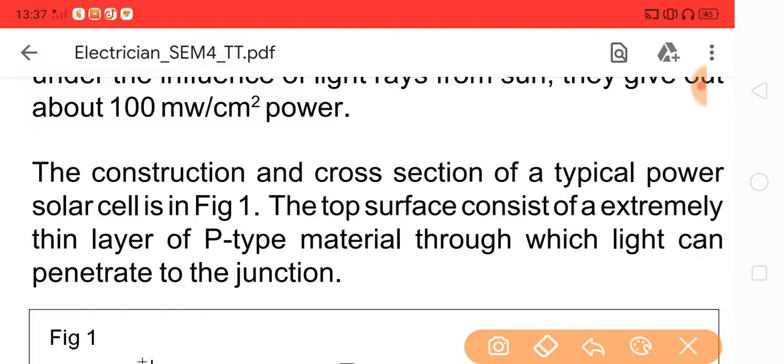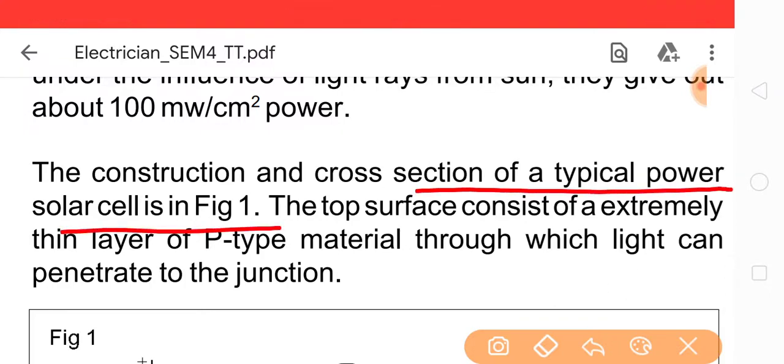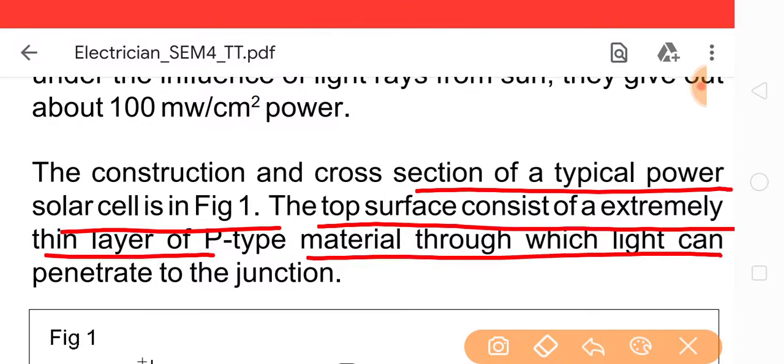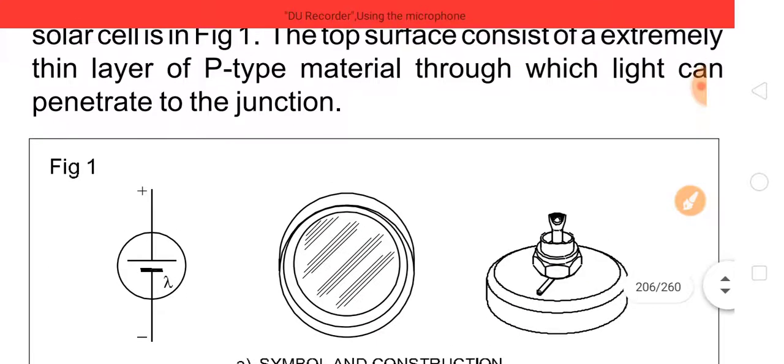Construction and cross section of a typical power solar cell is pictured. The top surface consists of an extremely thin layer of p-type material through which light can penetrate to the junction.